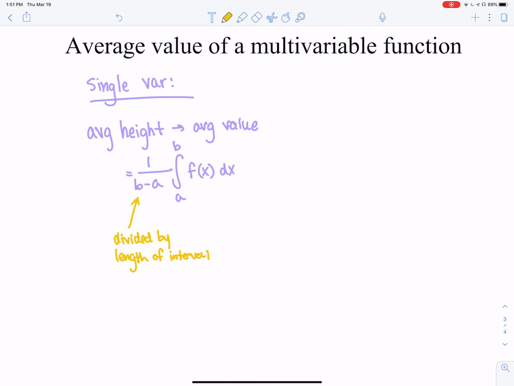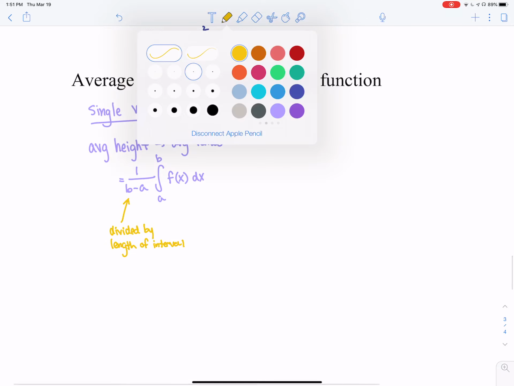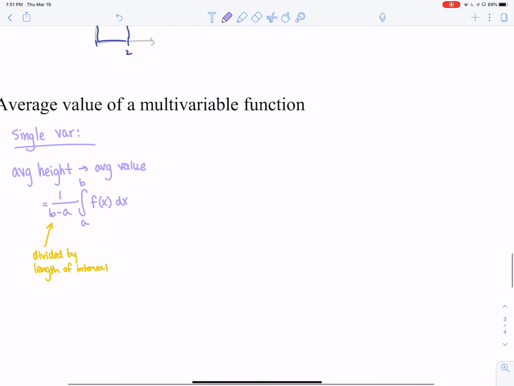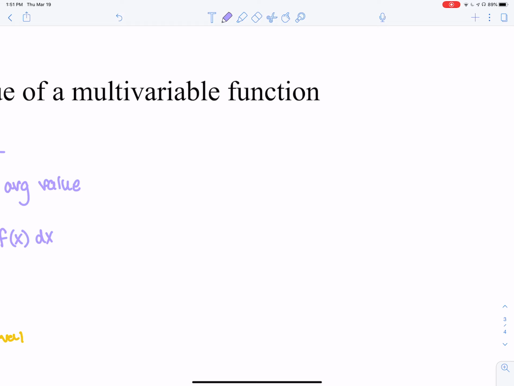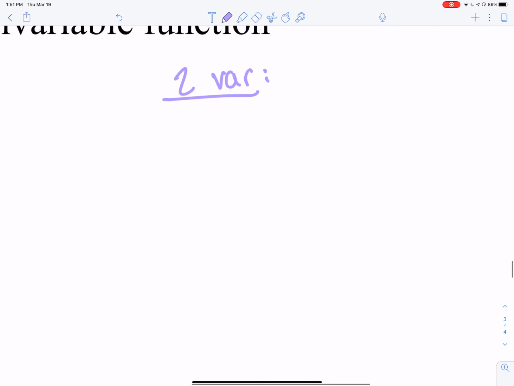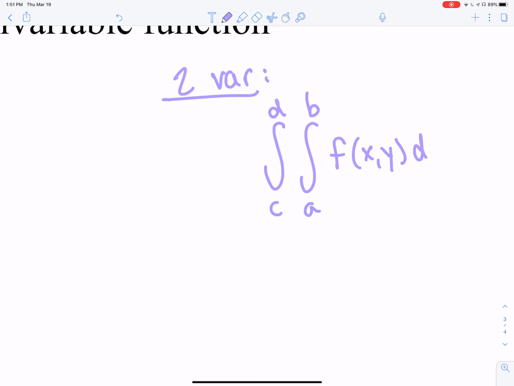So we're doing the exact same thing in multivariable as well. So now let's do our multivariable example. So now for 2 variables, now you'll have a double integral from a to b and c to d of a function of 2 variables, dA.